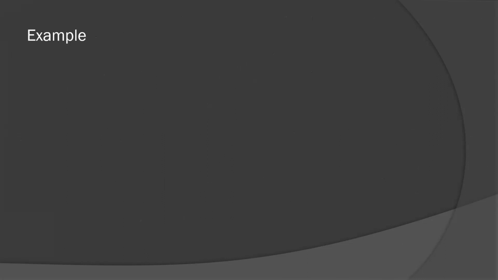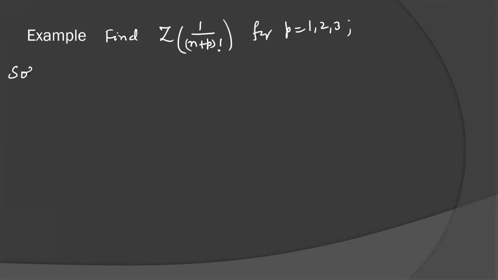Let's see some problems based on these shifting theorems. Find the z-transformation of 1 over (n plus p) factorial for p equal to 1 to 3. Let's see the solution.